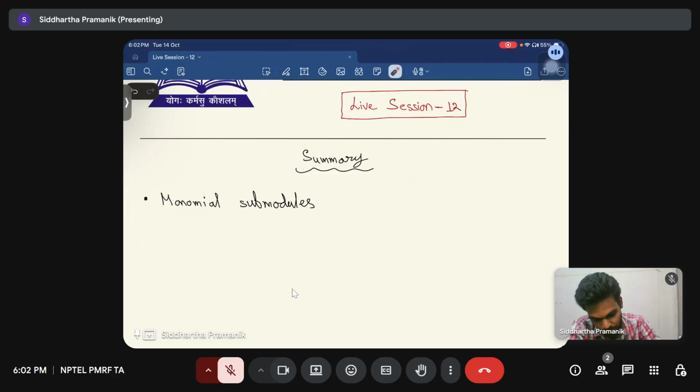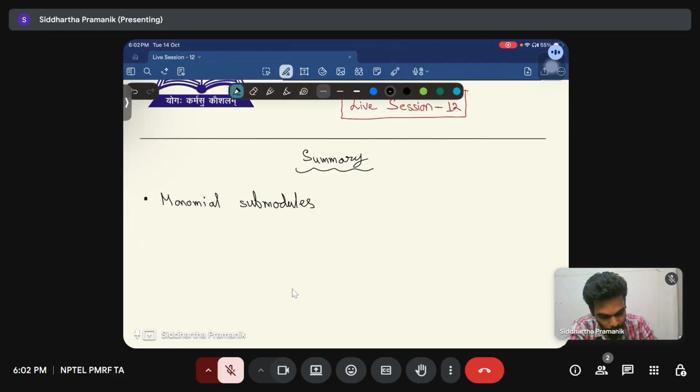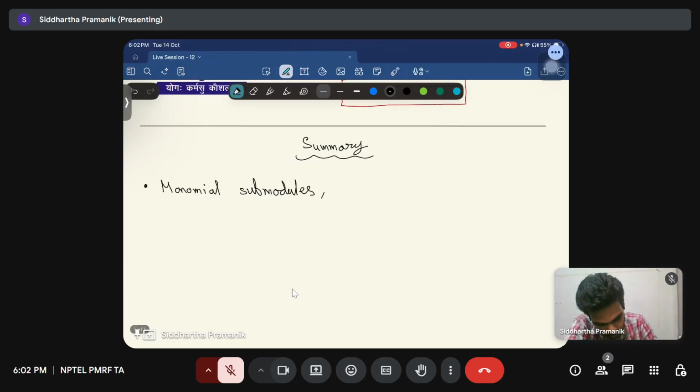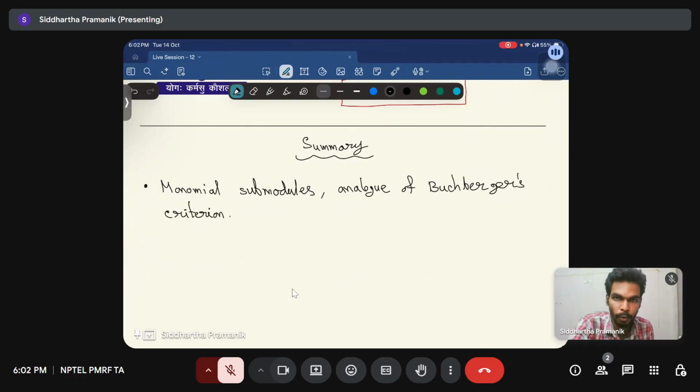In that case, we defined monomial submodules, and we have seen the analog of monomial order and Gröbner basis, and Buchberger's theorem and those things, the analog of Buchberger's criterion in the case of monomial submodules.